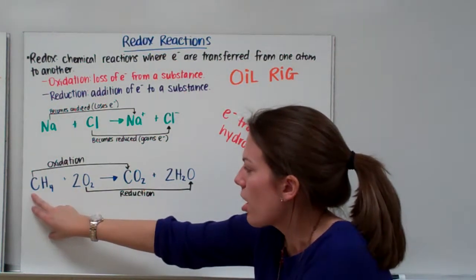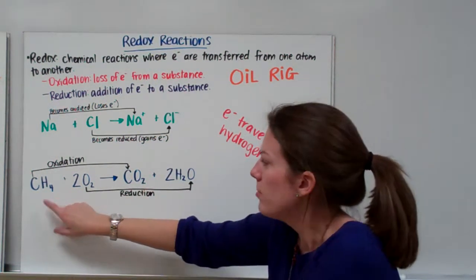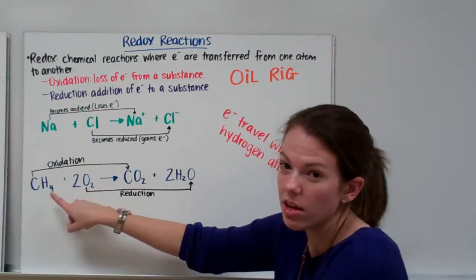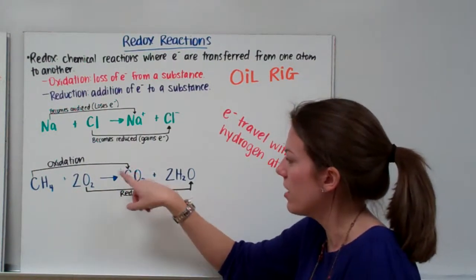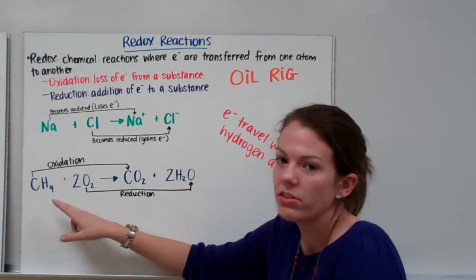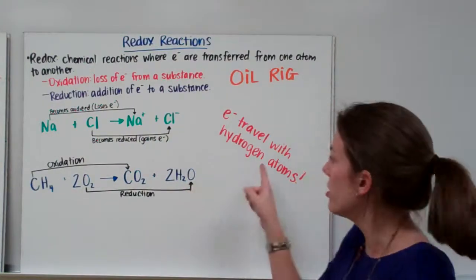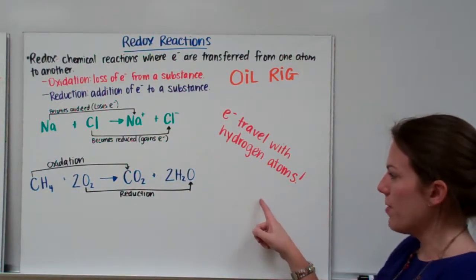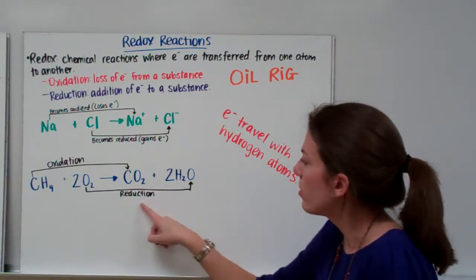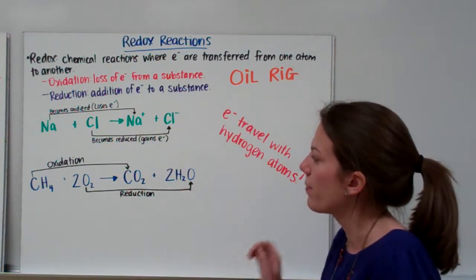This is our carbon, and it has these four hydrogen atoms. It's losing those hydrogens, losing those electrons, so it's being oxidized. Then the oxygen atom is going to gain the hydrogens that used to be bound to the carbon, so along with those hydrogens, it's gaining electrons. So our oxygen is being reduced, and we're forming carbon dioxide and water.